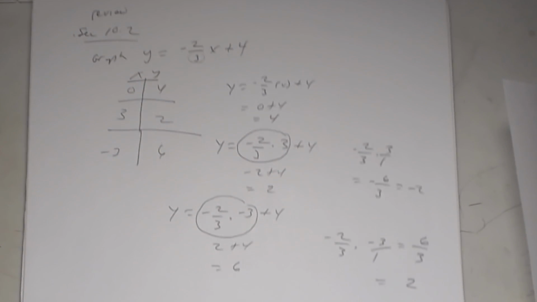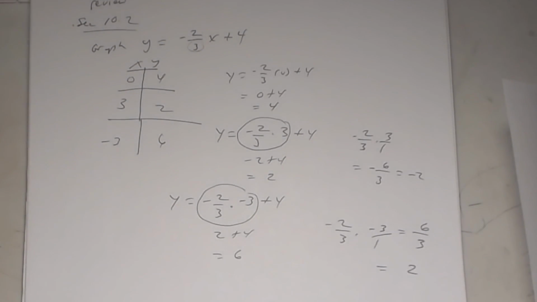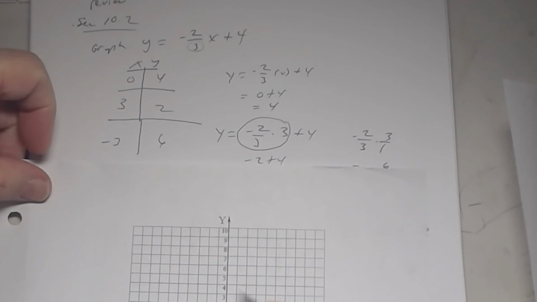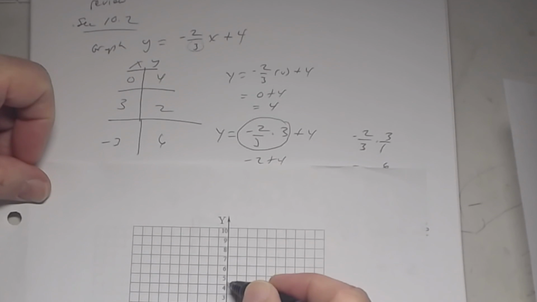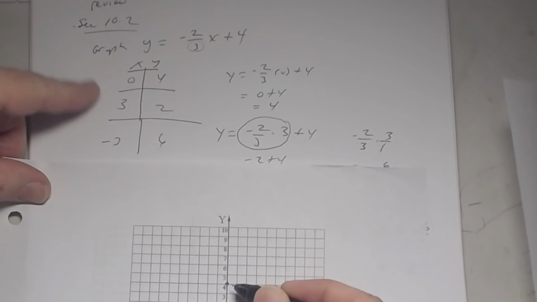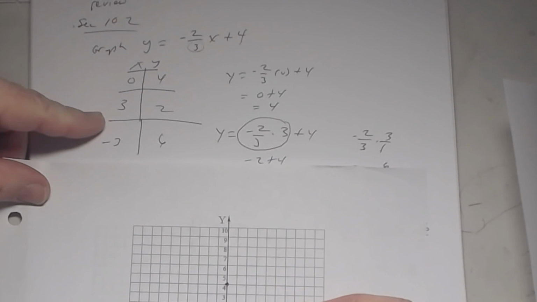Plot those 3 points and draw your graph. All right. 0, 4 is located where? Which axis? The y-axis, right? So when we start at the origin, since x is 0, you stay there. Y is a positive 4, you move up 4. 3, 2 is in what quadrant? The first. So you plot the point 3, 2. So this is incorrect right here.